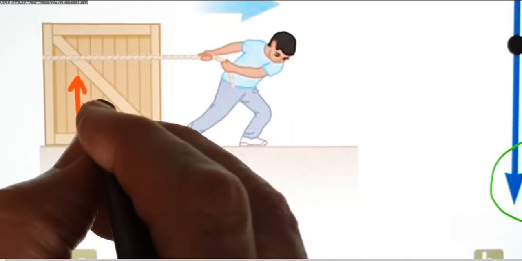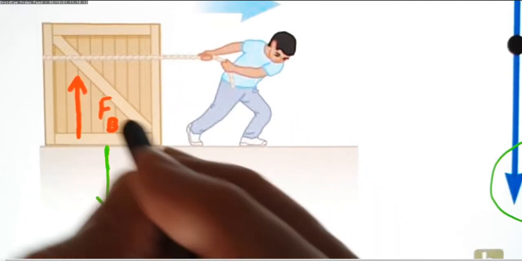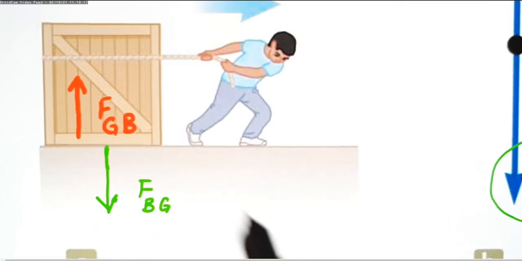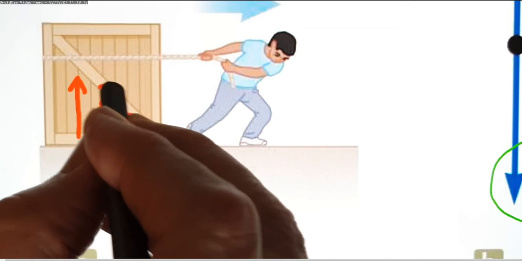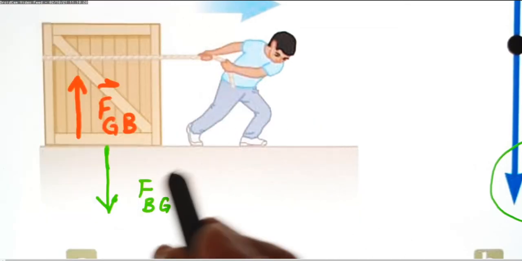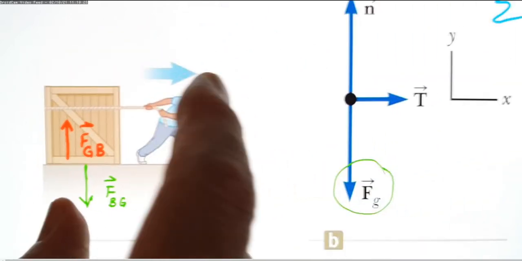We name it F ground on box. Action and reaction. And we can write it in this diagram.